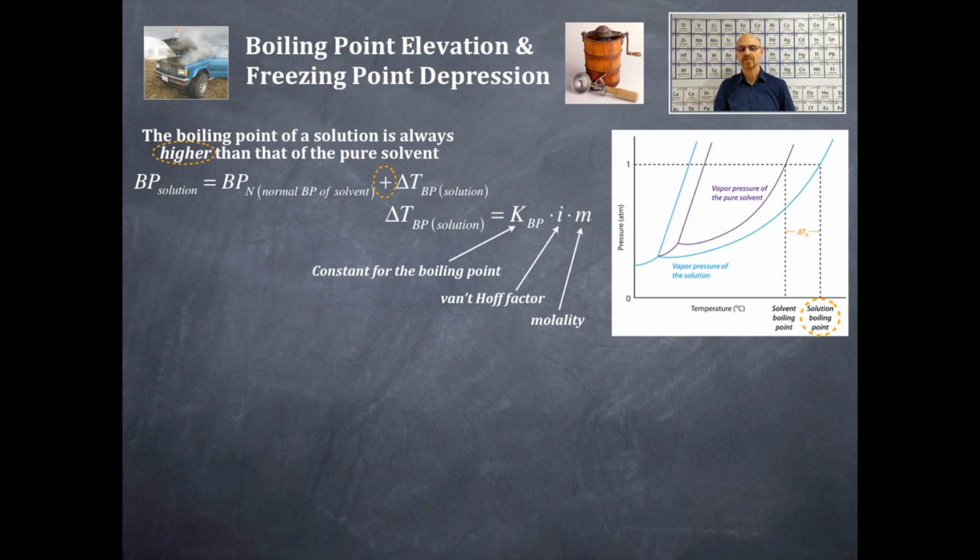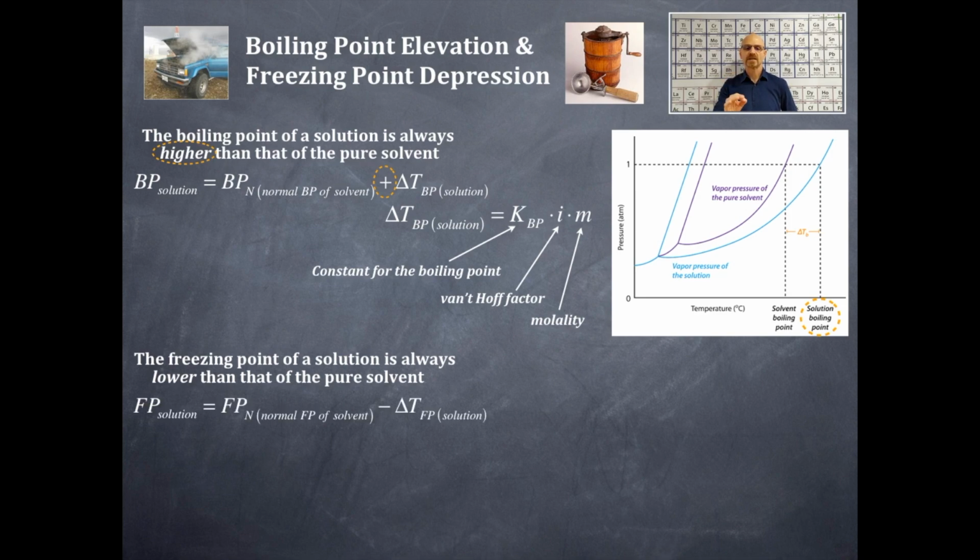It's plus. Okay? And then we have the freezing point of a solution is always lower than that of the pure solvent. Okay, so the freezing point of the solution is equal to the freezing point normal, that is the normal freezing point of the solvent, minus, this is a minus because it's a lowering, it's a depression, the change in temperature of the freezing point of the solution.